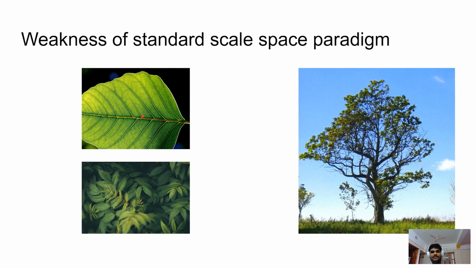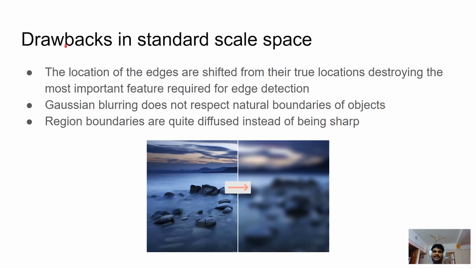So yeah. And also there are three levels if we take basically any image of a tree: the finest level, the medium level, and the higher level. When we apply Gaussian blurring, it's like losing both of these pieces of information, and we don't want to lose that information. And what are the drawbacks? The locations of the edges are shifted from their true locations, destroying the most important feature required for edge detection.